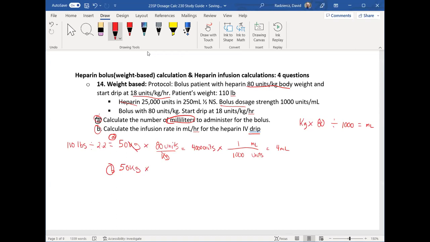But instead of 80, this time we're going to multiply by 18, and this is units per kilogram per hour. When I do that, 50 times 18 is 900 units per hour.